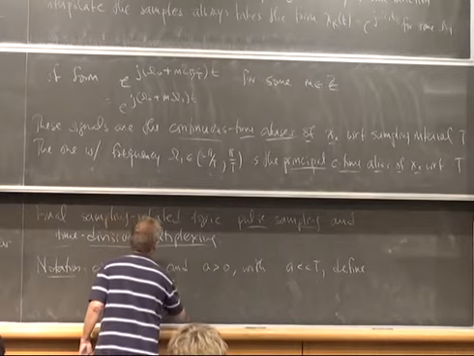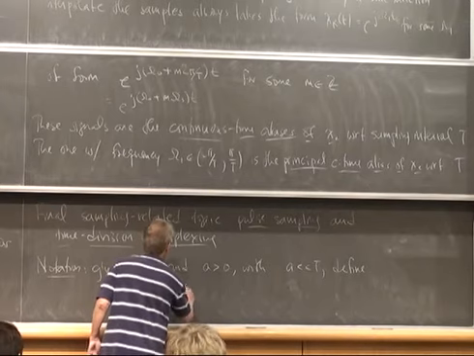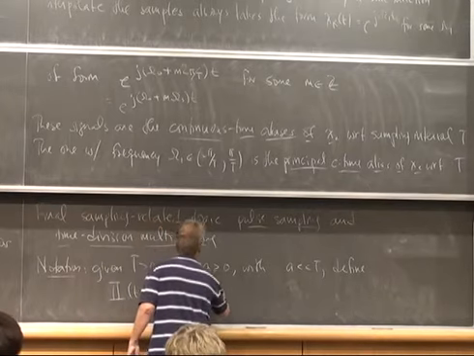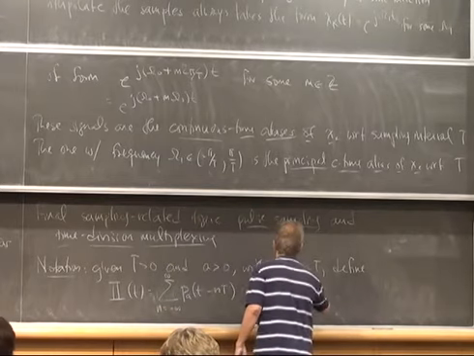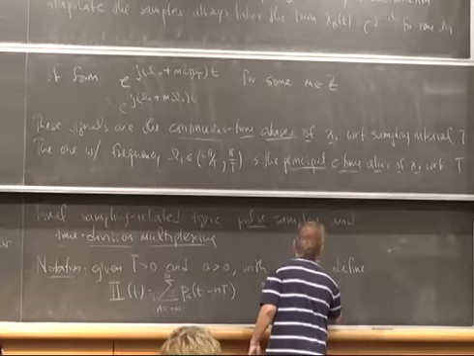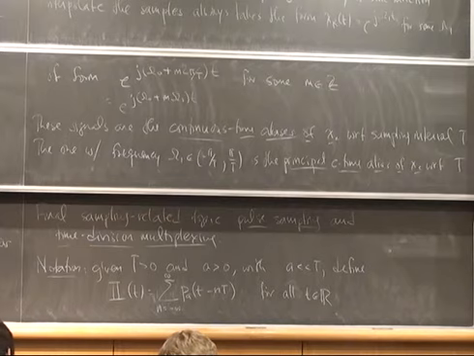It's the sum from n equals minus infinity to infinity of p sub a of t minus n times capital T, for all t in the reals. What is that? That is a pulse train.